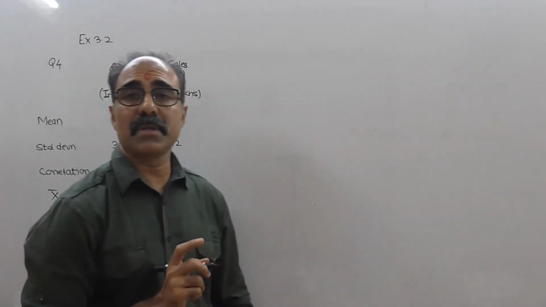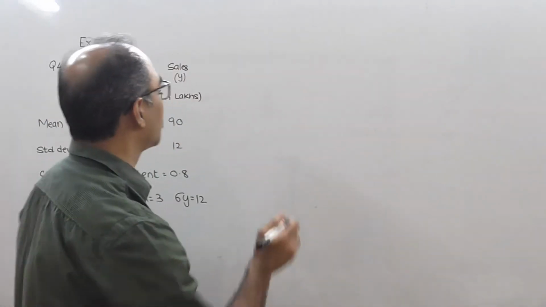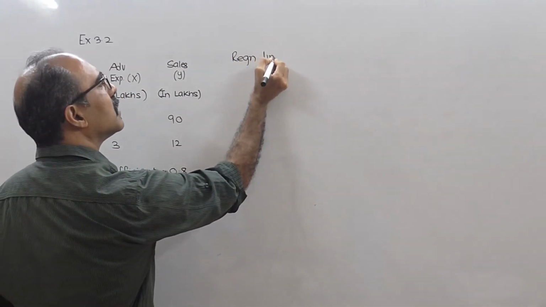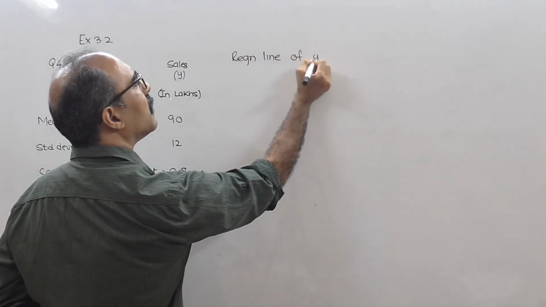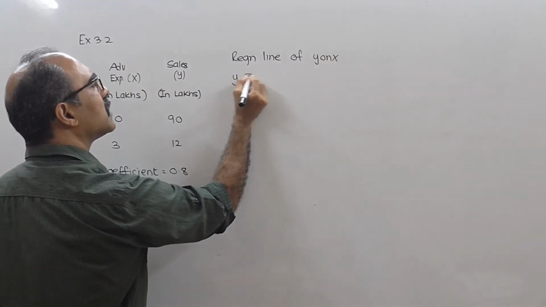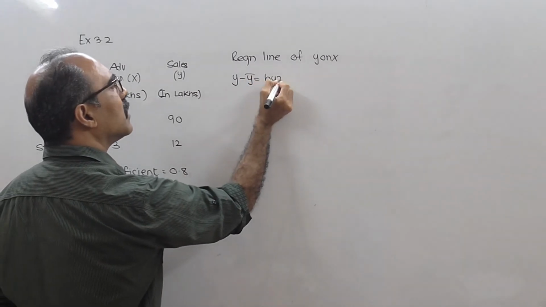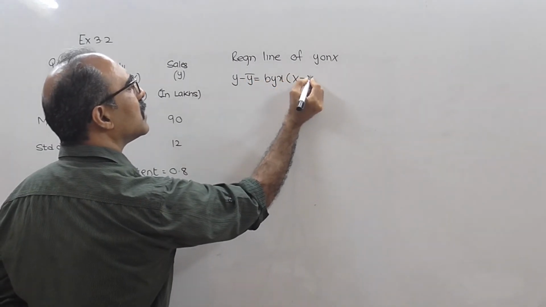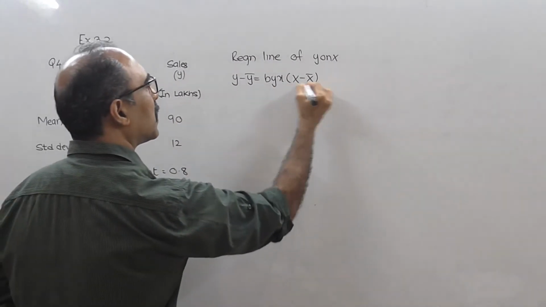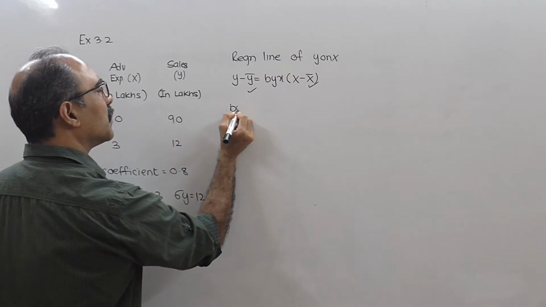Now the first question is find out both the regression lines. So we will find the regression line of y on x. The regression line of y on x is defined as y minus y bar equals b y on x into x minus x bar. We already know x bar and y bar, so we have to find the value of b y on x.